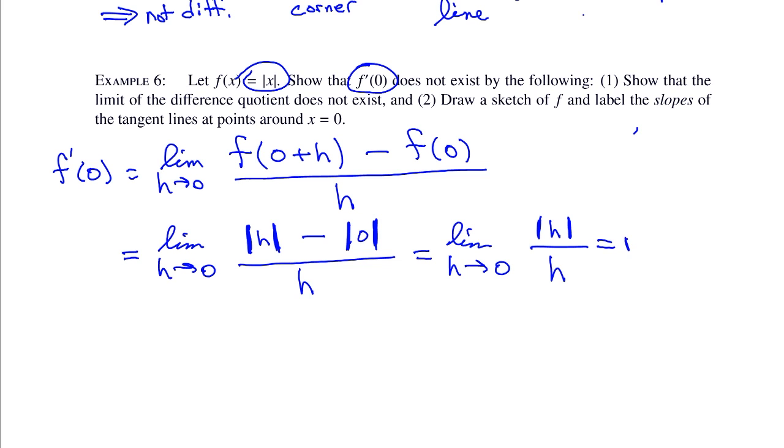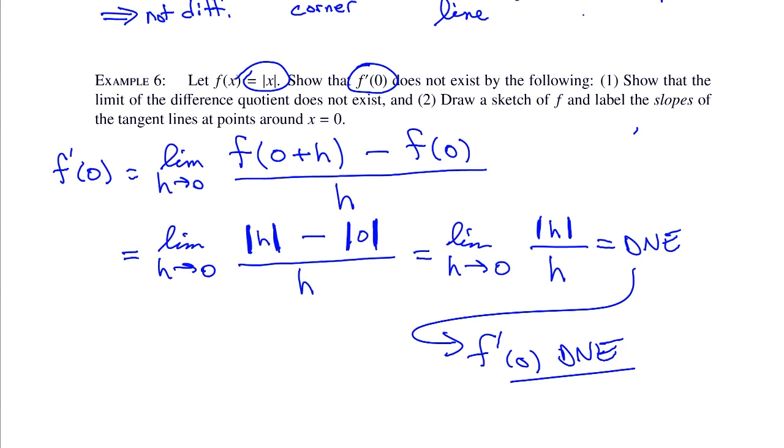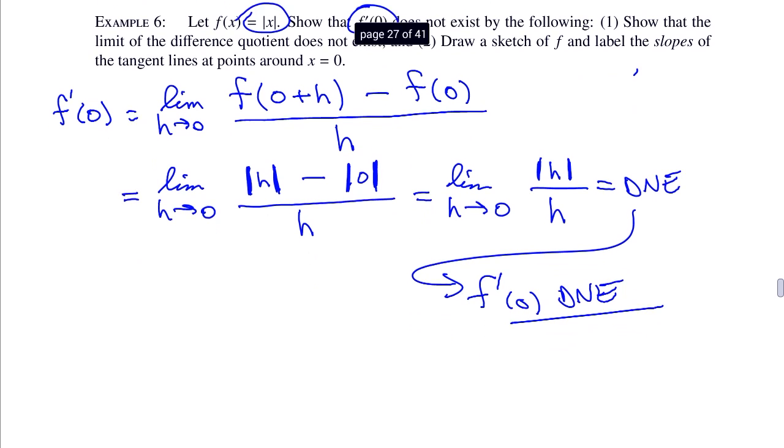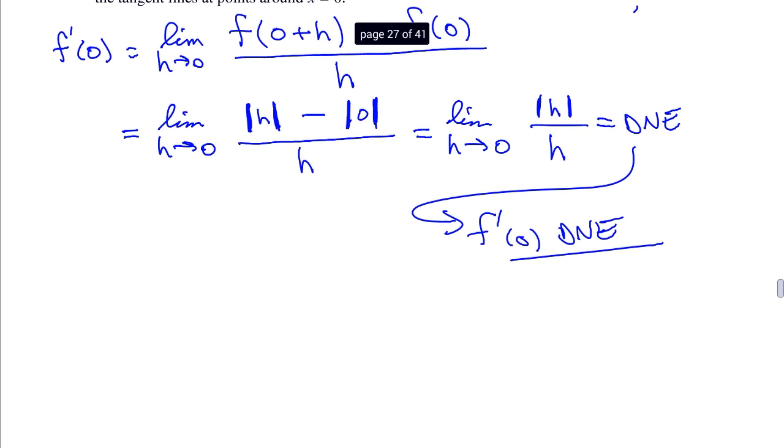Since the limit does not exist, that then implies that f prime of 0 does not exist. Okay. So that's how you would show that a function is not differentiable at a certain point, by trying to find that limit, and then it doesn't work. The last part of the directions here were to draw the sketch and monitor the slopes.